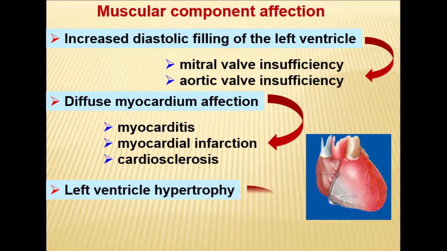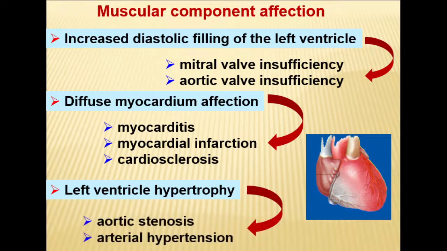Left ventricle hypertrophy occurs due to increased blood pressure in the greater circulation, arterial hypertension, and in case of heart defect, aortic stenosis, because a more intensive force of contraction is needed to eject blood through the narrowed orifice to compensate systemic blood flow.